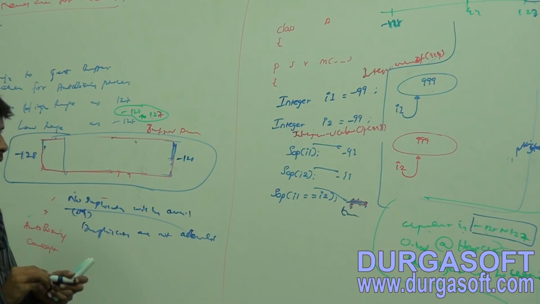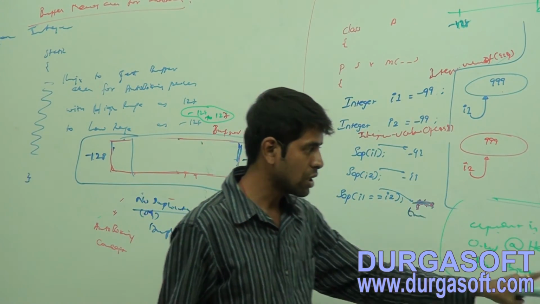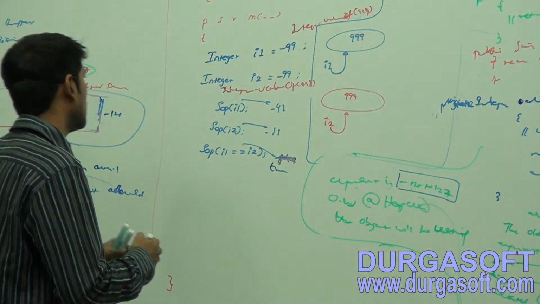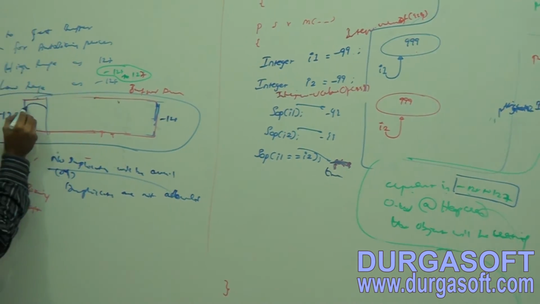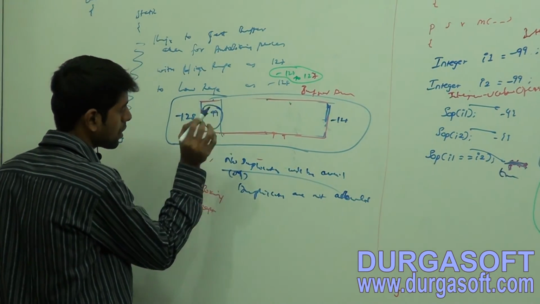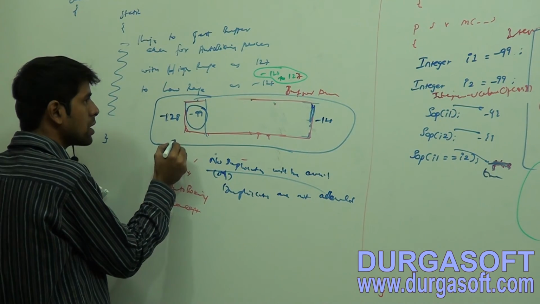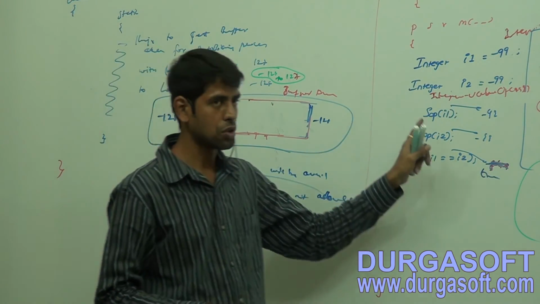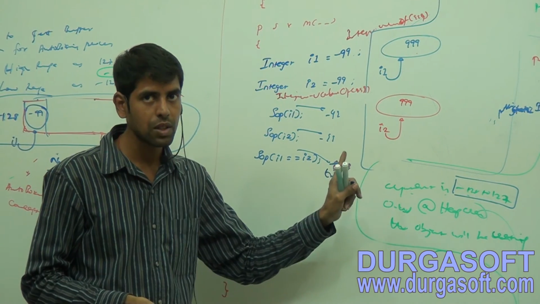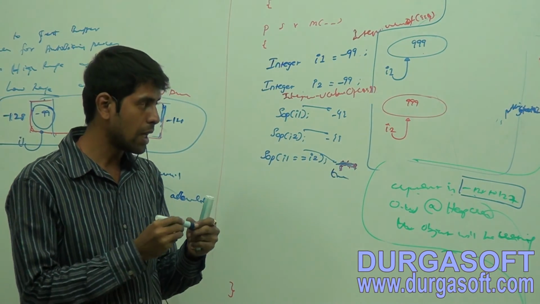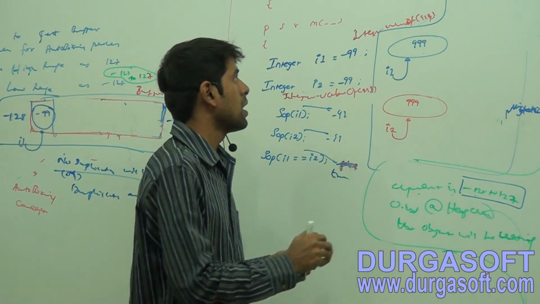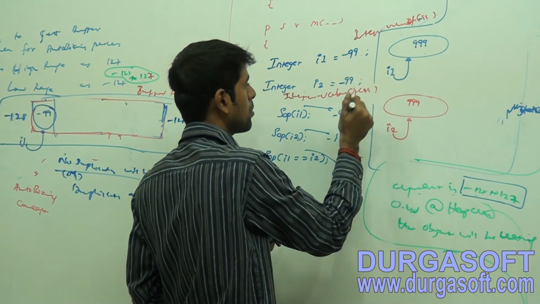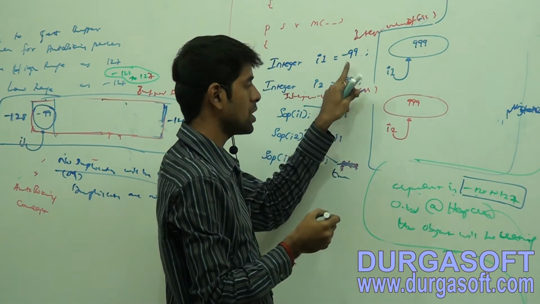Observe, minus 99 is within the range of minus 128 to 127, so at the buffer area this object will be created. Now this I1 will be referring to this object, and once again the same logic will be executing. It will be given the argument minus 99, and here also the argument minus 99.